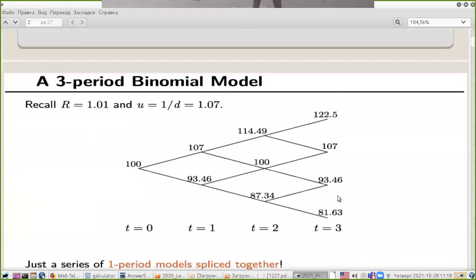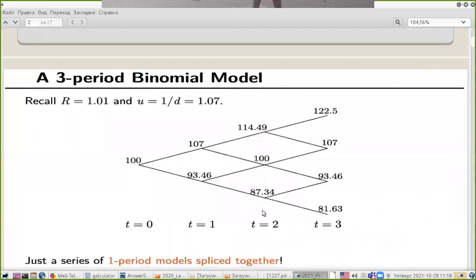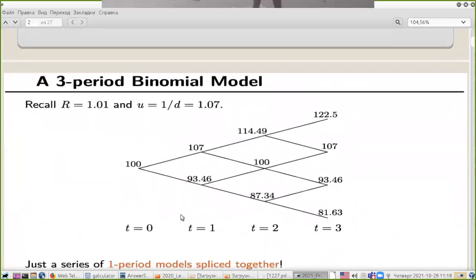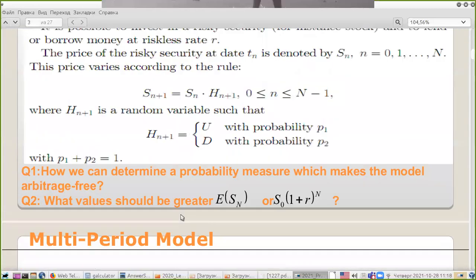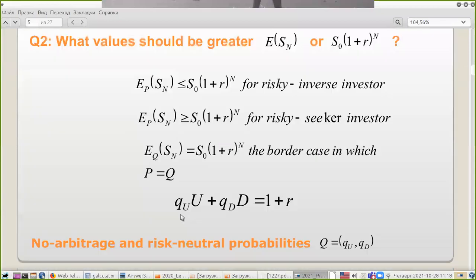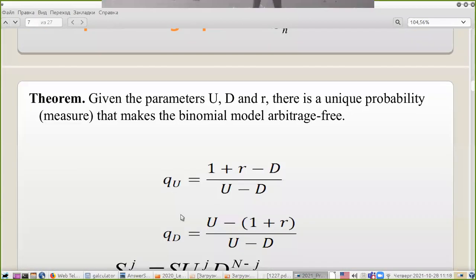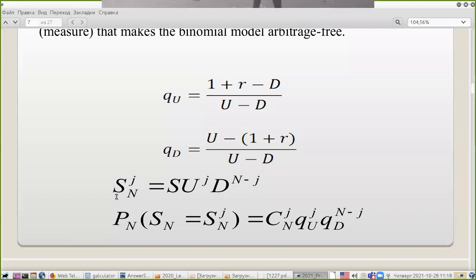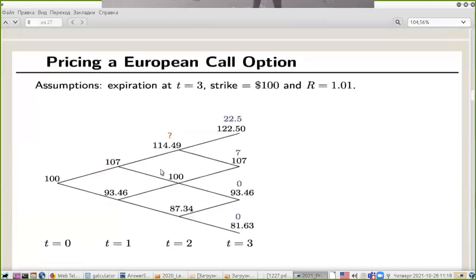After today's lesson, we know the rule for how we can construct the multi-period binomial model, and this rule is: for every node we can use this formula, and the probability for every node we can find using this formula, and the risk neutral probability is defined as these expressions.